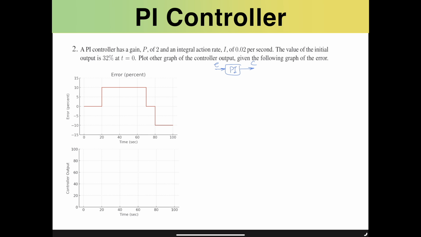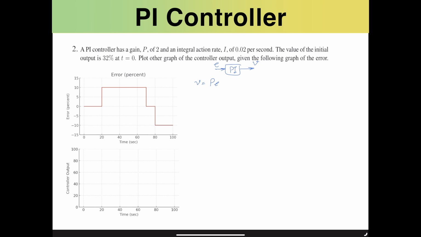So let's start actually discussing the equation of the, well, let's call this V, the output of the PI controller. What is the output of the PI controller with respect to E?